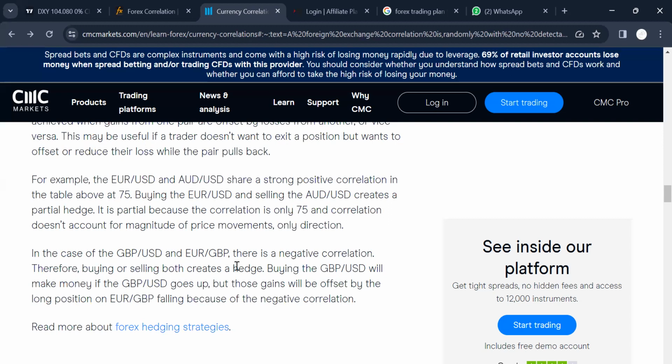Therefore, buying or selling both creates a hedge, right? Buying the pound USD will make money if the pound USD goes up, but those gains will be offset, you understand, by the long position on EG falling because of the negative correlation.